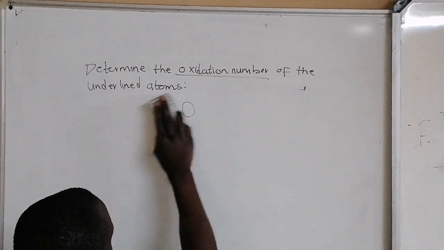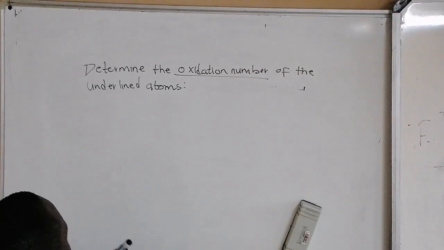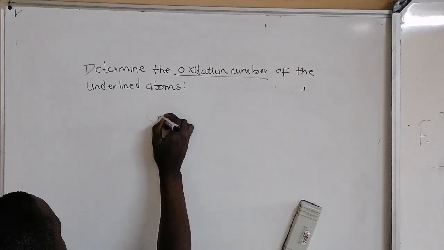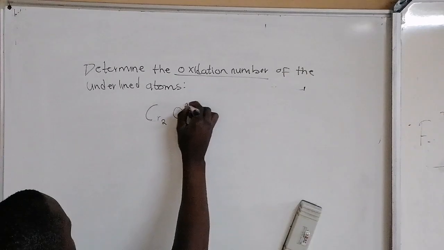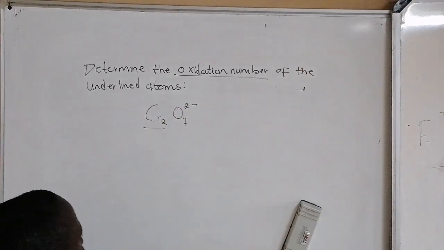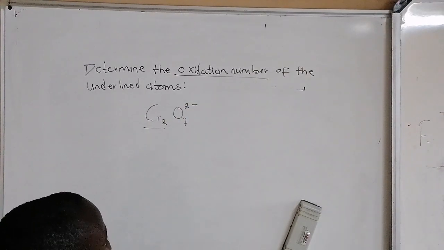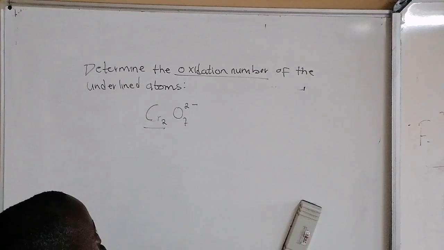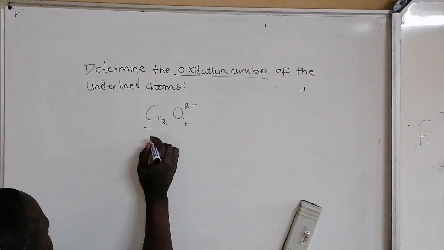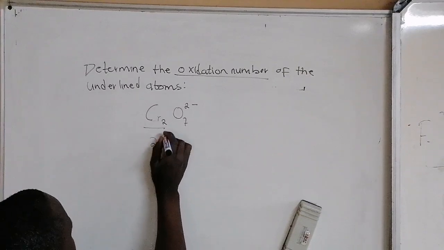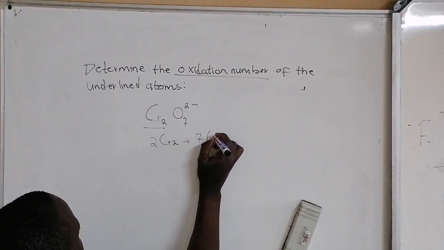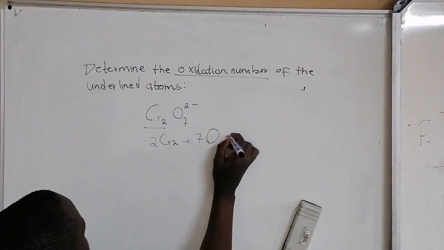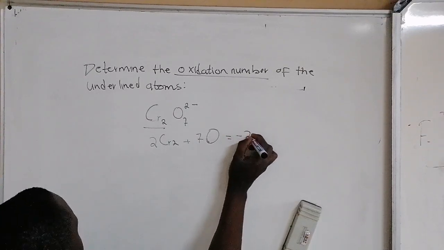Let me check maybe the second of the last. Let me say we have Cr2O7 2 minus. Then we are asked to find the oxidation number of chromium in these dichromate ions. We would say 2Cr plus 7 oxygen atoms equal to the net charge, which is -2.